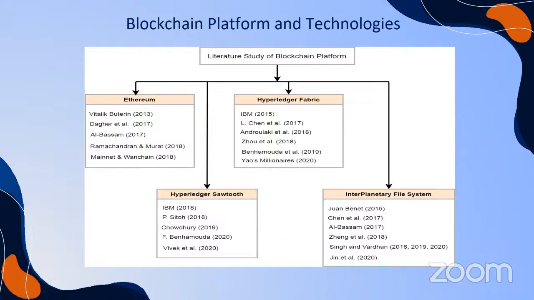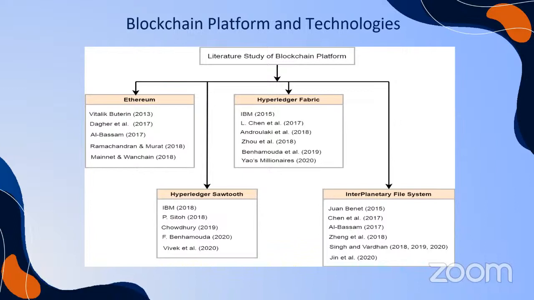So next we have discussed the IPFS, the InterPlanetary File System. It is a decentralized file storage system that enables the storage, access, and security of files over a distributed file system.